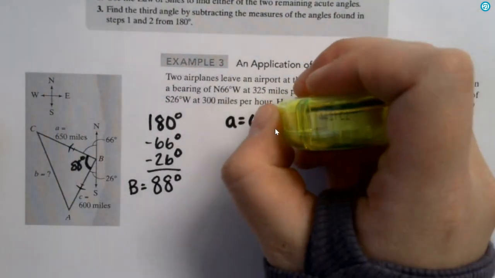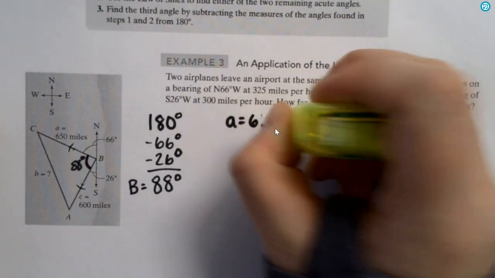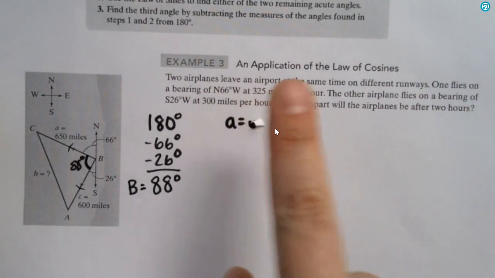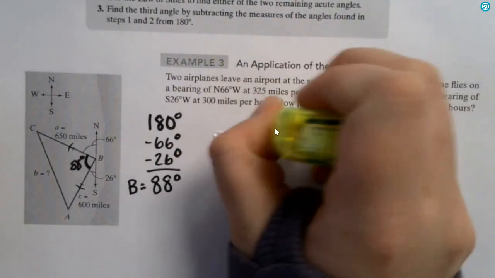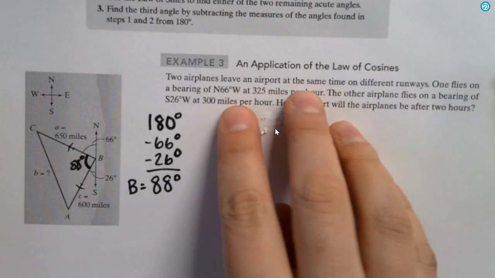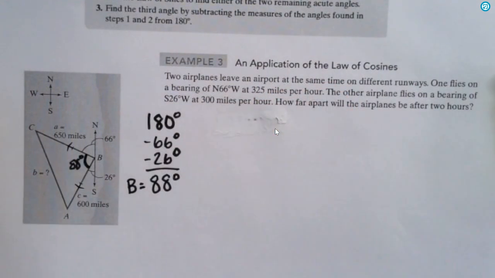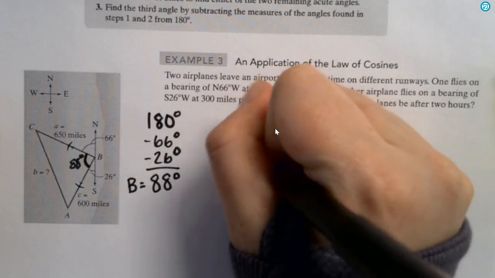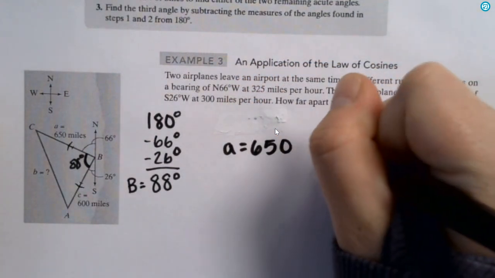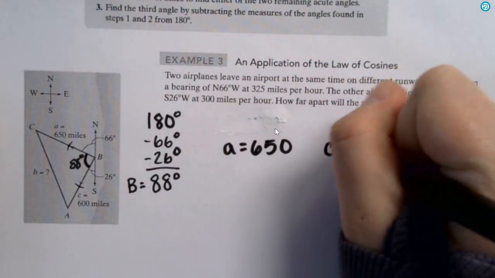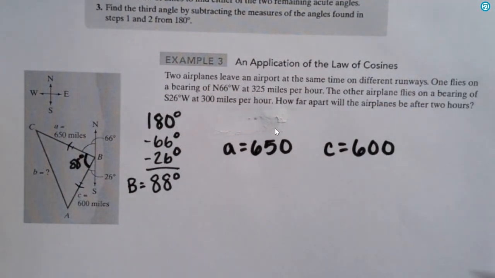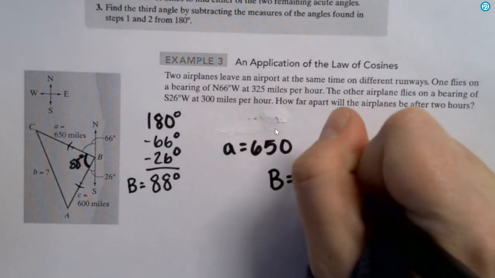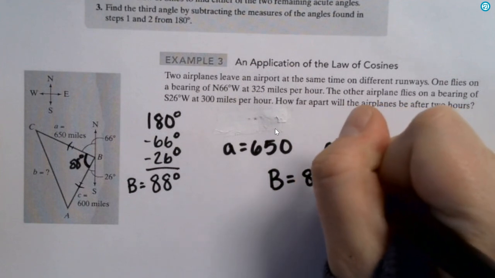Sorry, I combined 325 and 650 together in my head. Okay, so little a is 650. Little c is 600. And then big B is 88 degrees.